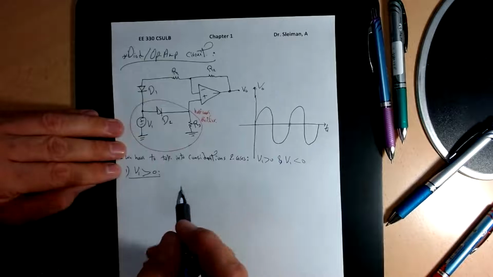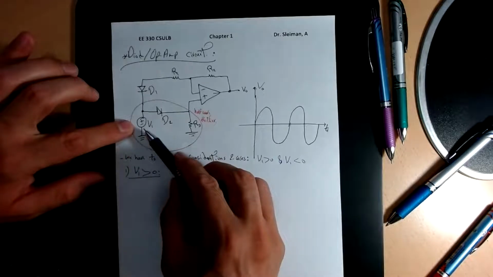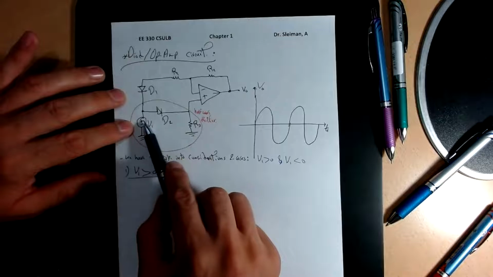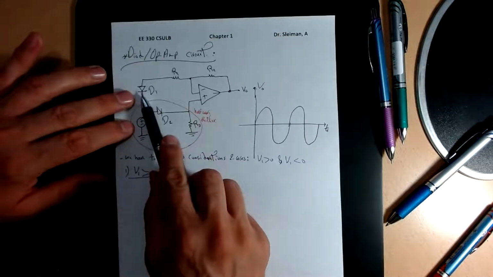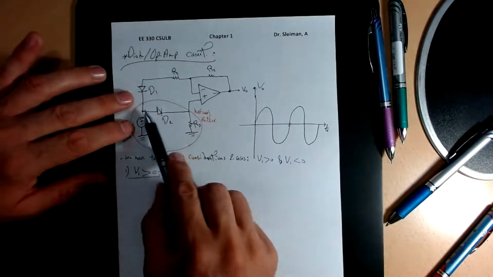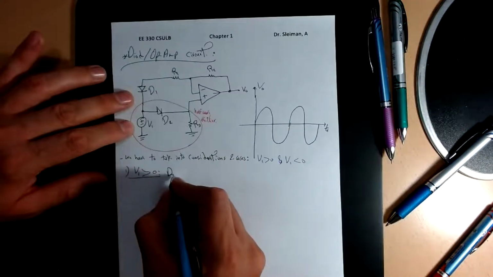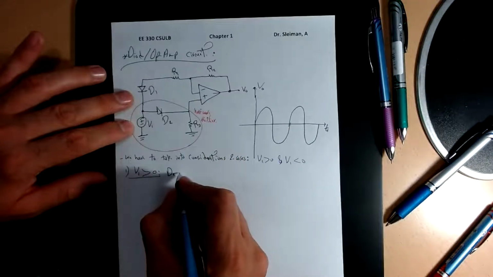So what happens here? If V1 is greater than 0, the current will never pass through here. It will find its way through D2. So D2 is on.